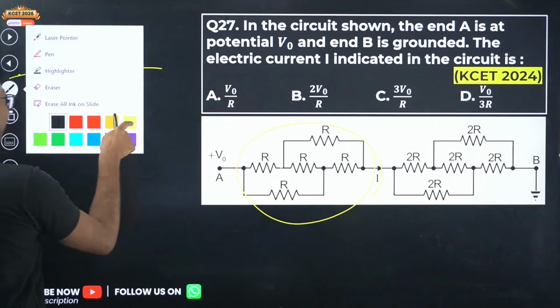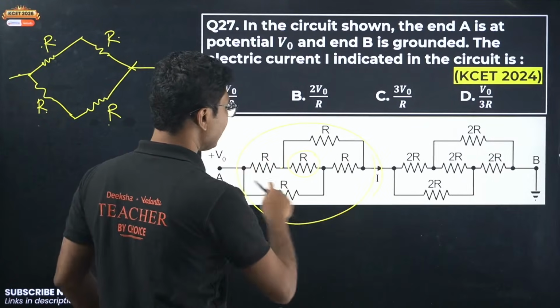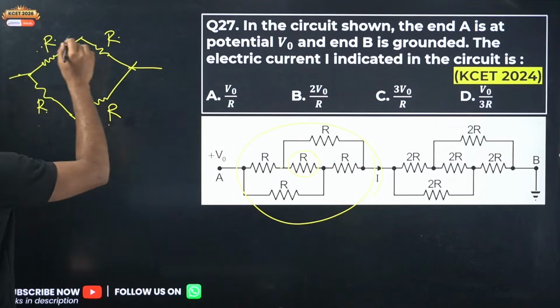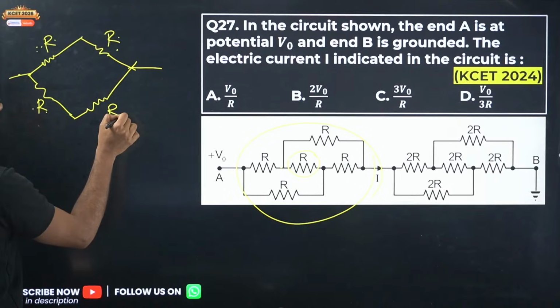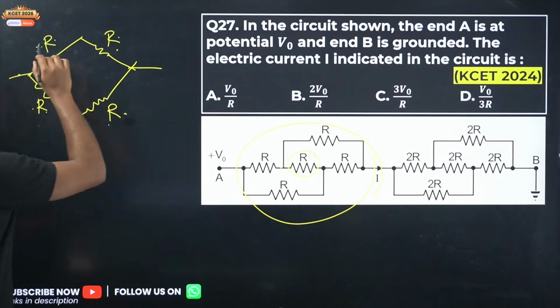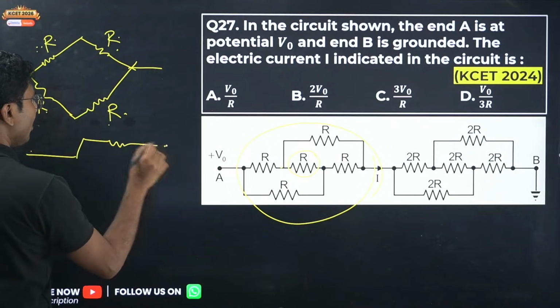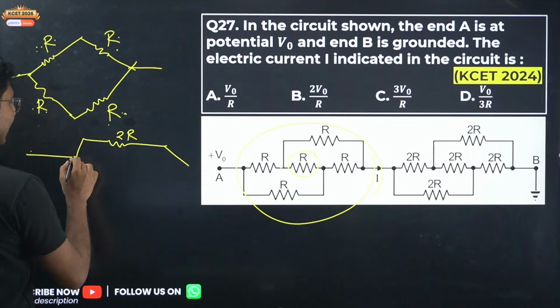Once the central resistance is removed, you will see that these two are in series, and these two are again in series, and their combination is in parallel. So R plus R is 2R, and this R plus R is again 2R.